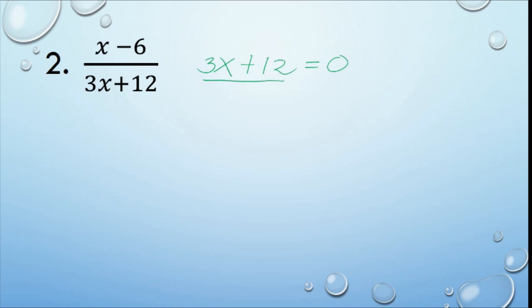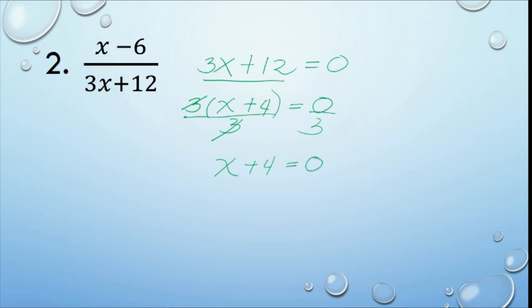So this can become 3 times the quantity x plus 4 equals 0. Then, we can eliminate or remove 3. How? We can just divide both sides of the equation by 3. So we can cancel this out. So what is left? We have x plus 4 equals 0 divided by 3 is equal to 0.